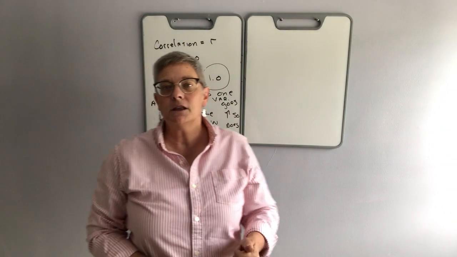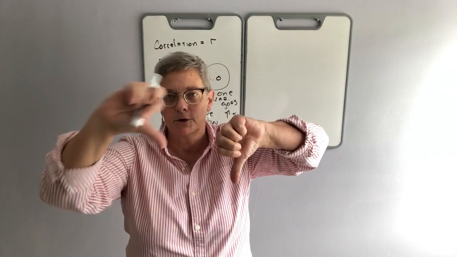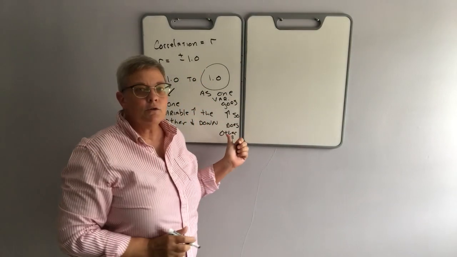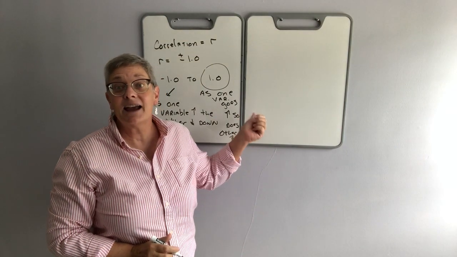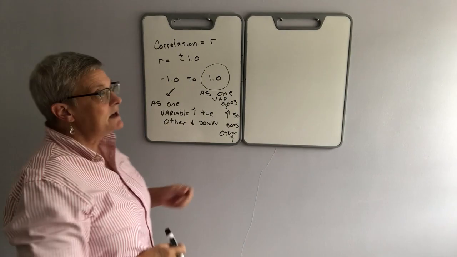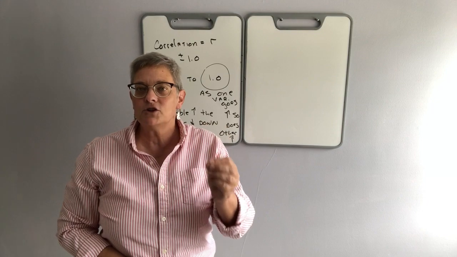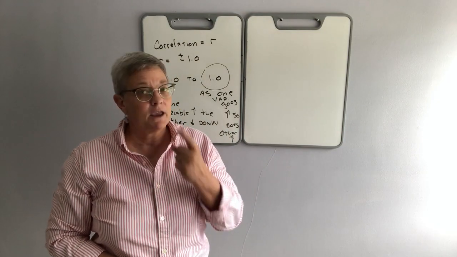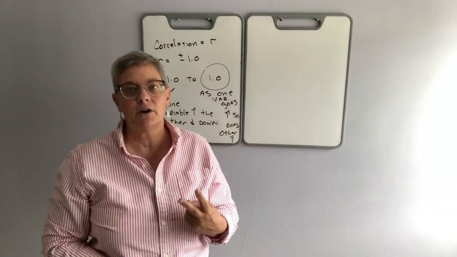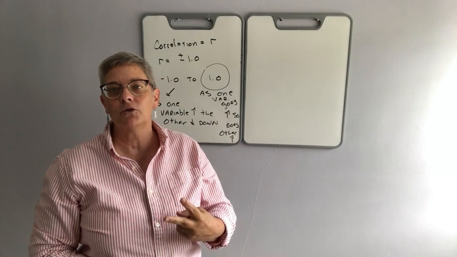We would think that the more I study, the more my grades go up, or the less I study, the lower my grades go, right? So when we talk relationship, it is the correlation between two things. It can't be one thing. It's got to be two variables, and it can't be more than two variables. What's the relationship between these two variables?